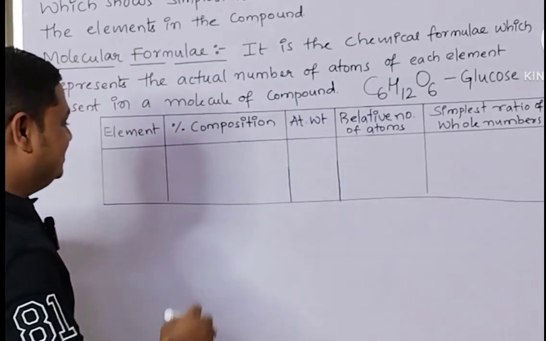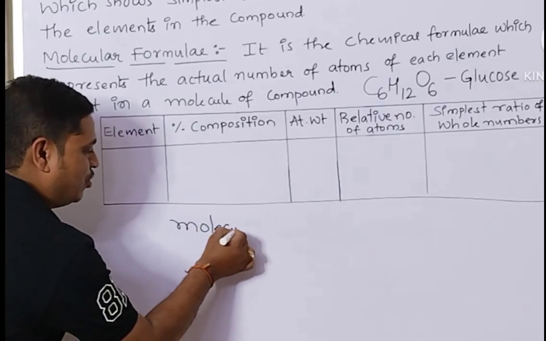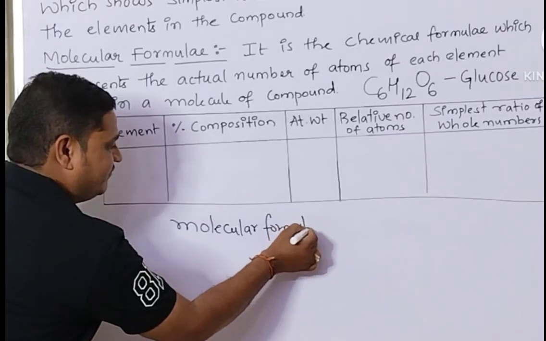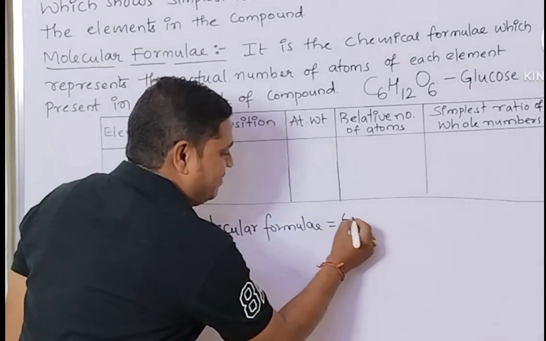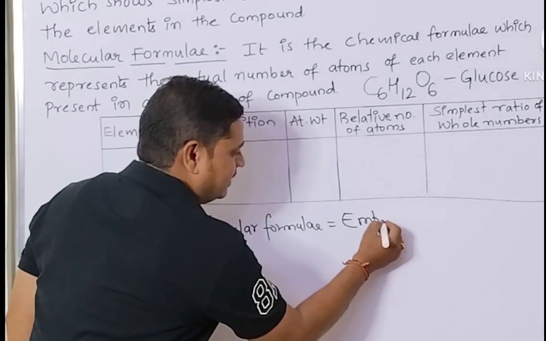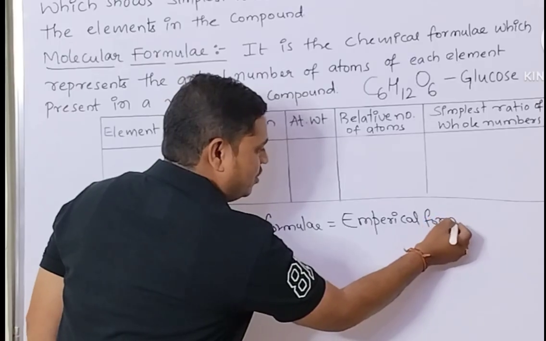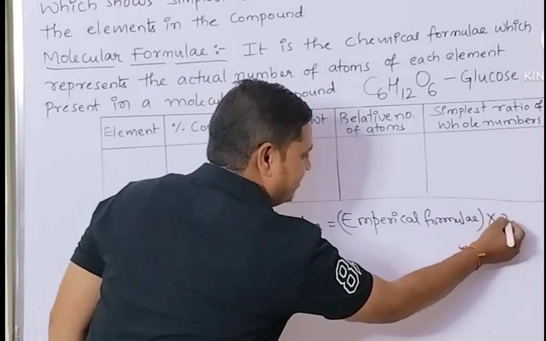The first one is: molecular formula is equal to empirical formula multiplied by n.